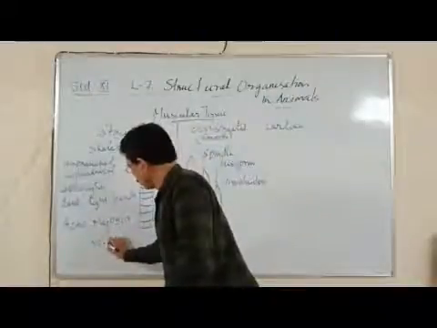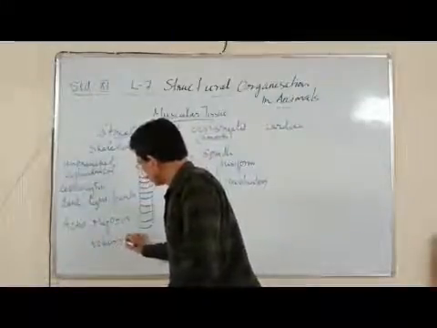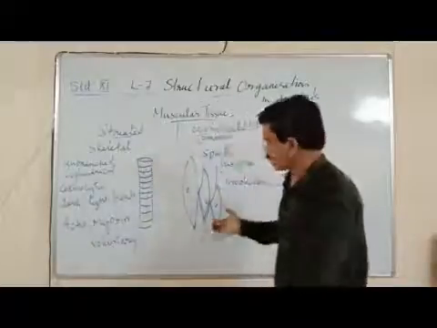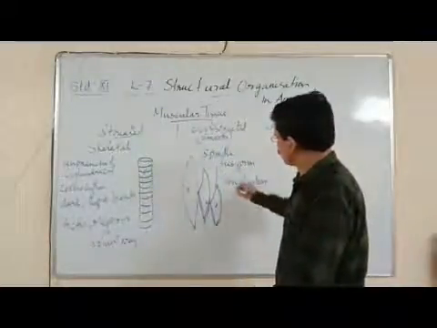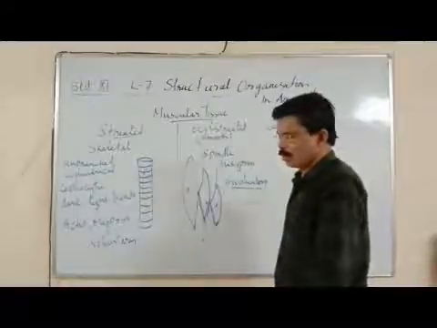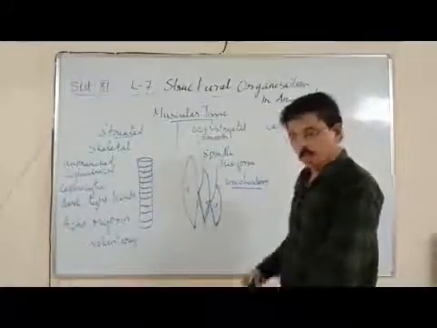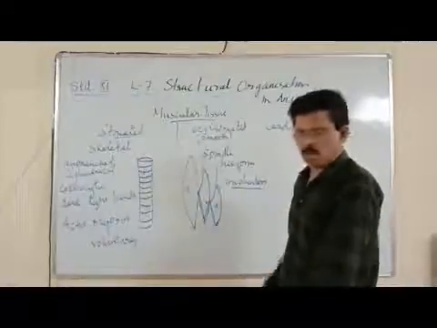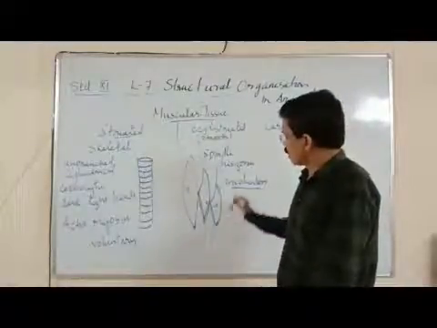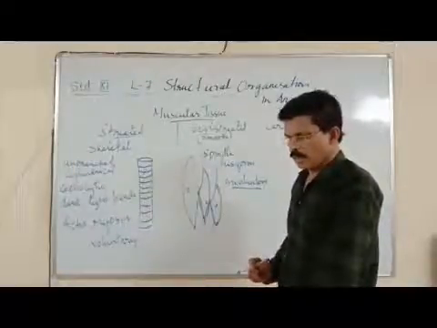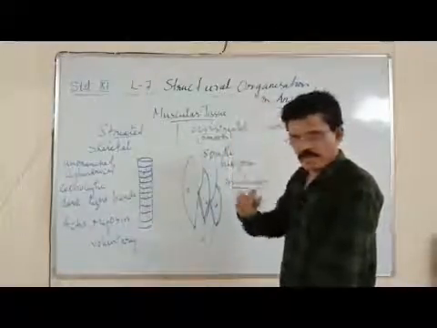Voluntary. What is voluntary? The muscles which work on our will and wish, according to our interest. But involuntary muscles cannot work with our will. They work beyond the will and wish, without the will and wish. And they are mainly found around the blood vessels, around the nephrons.